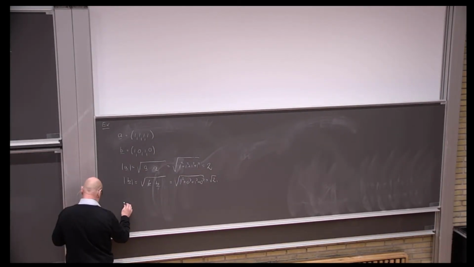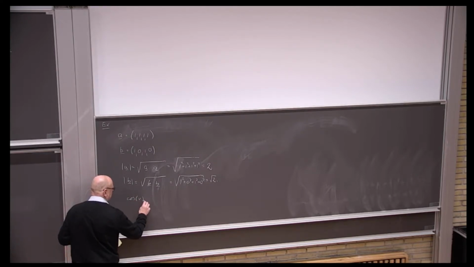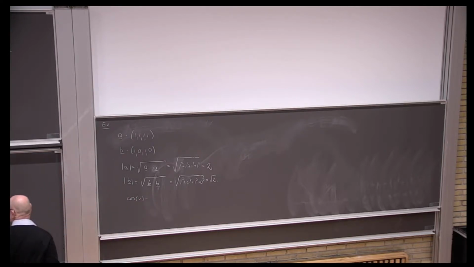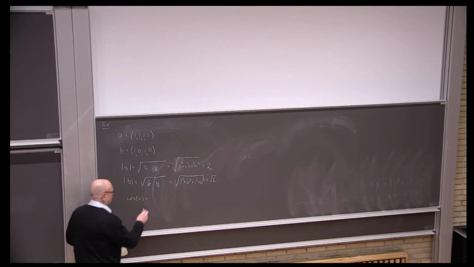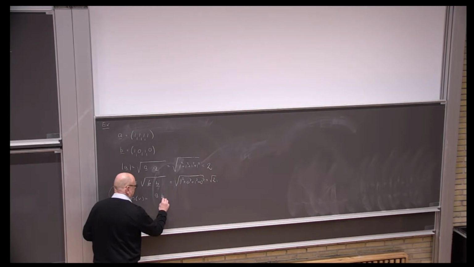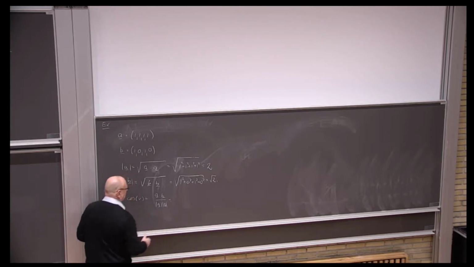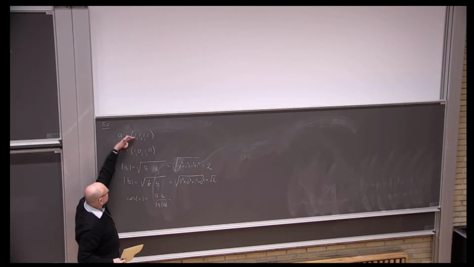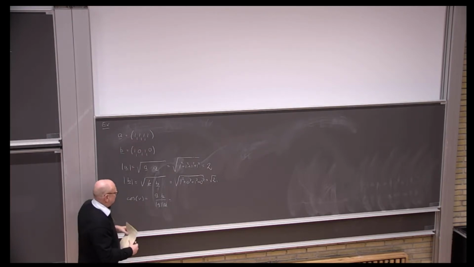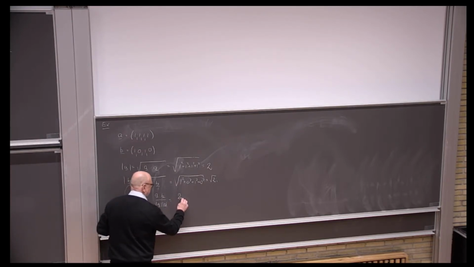Now, let's try to compute the angle between these two vectors. I use the formula where I take the dot product, that is A times B, and then divide by the length of A and the length of B. The dot product here is 1 plus 0 plus 1 plus 0, so this is 2.